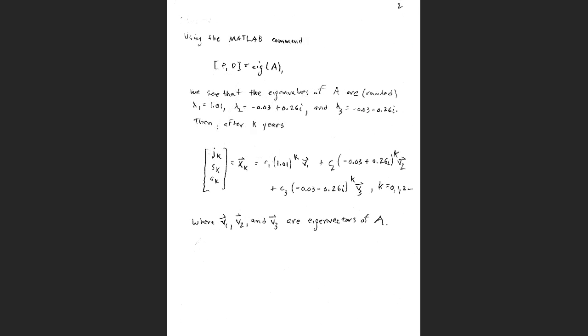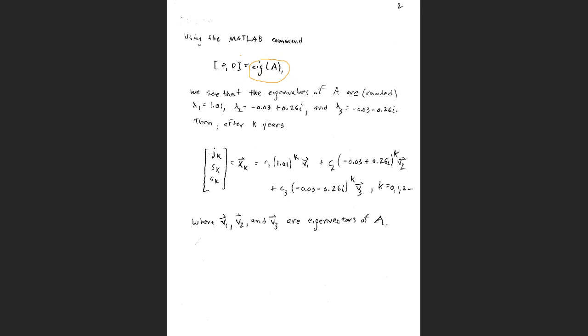So I'm going to use MATLAB, and this time I'm just going to use the eig command. I'm not going to use eig of sym of A, because the eigenvectors that result are not going to be pretty no matter what.